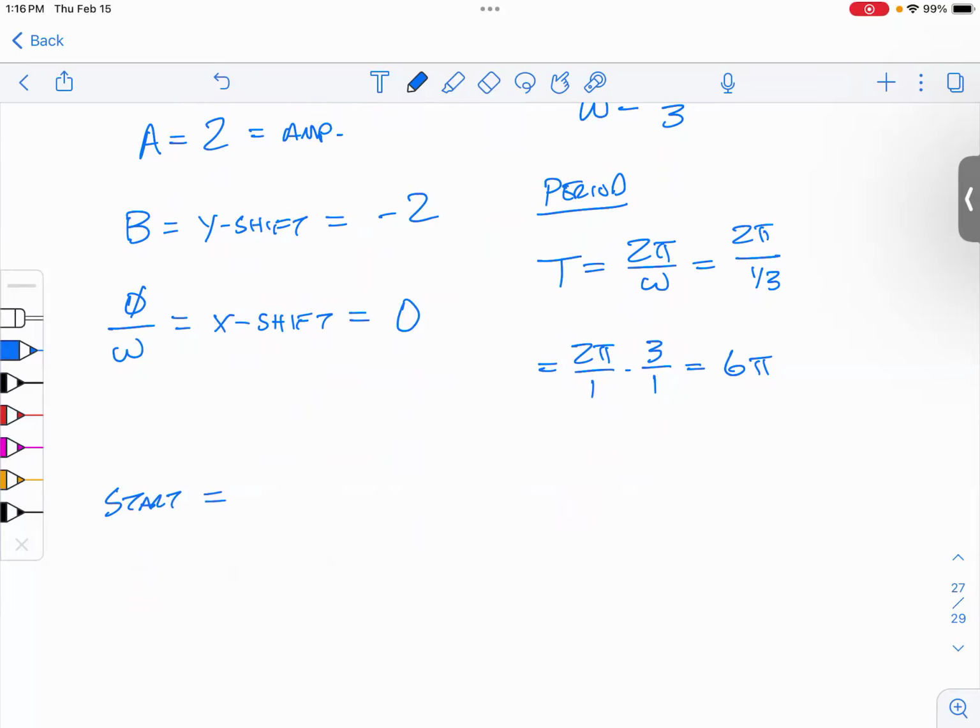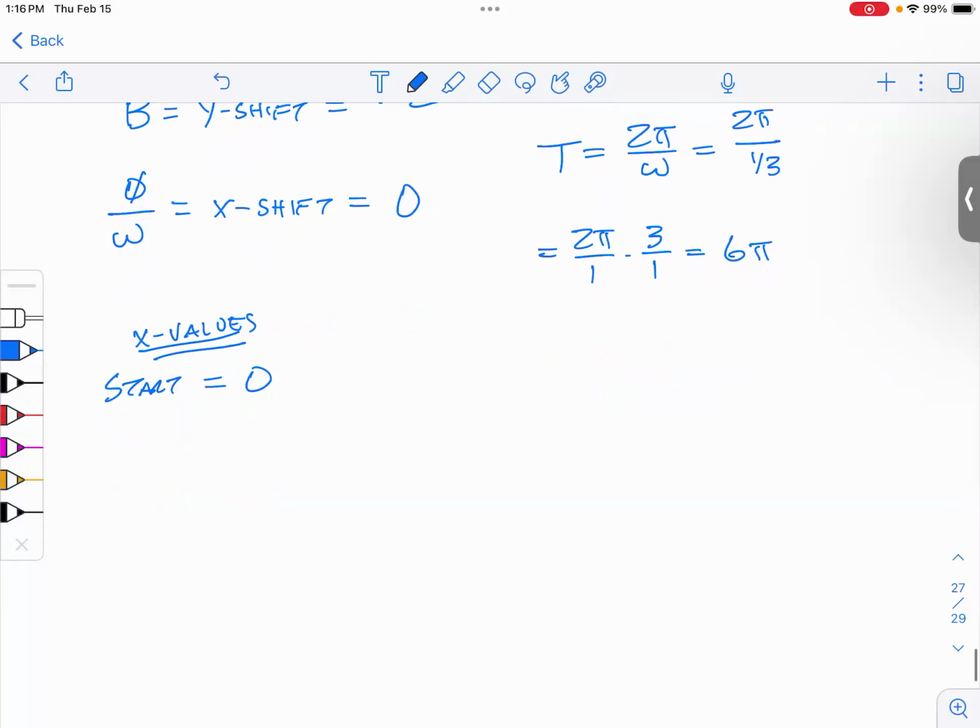All right, so our start point is 0. And just for emphasis, these are the x values. It was obvious, but the end point is the length of the period, 6 pi. And this is the one where we should be able to do this kind of quick, because when my start is 0 and my end is 6 pi, I can identify these pieces pretty fast. What's halfway between 0 and 6 pi? 3 pi.